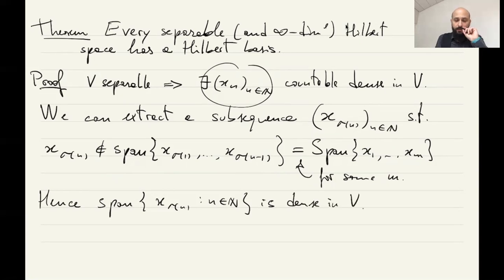Okay. Now what we do, we apply the algorithm of Gram-Schmidt to make this sequence orthonormal. And this is the same as in finite dimensions, because we do it step by step.